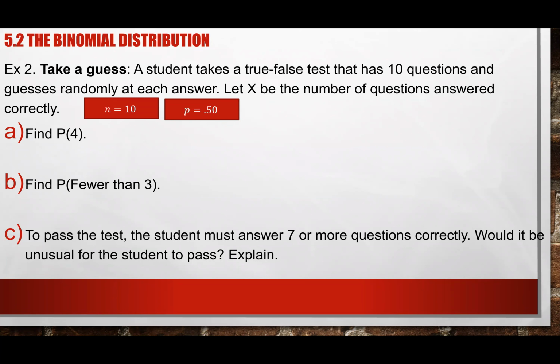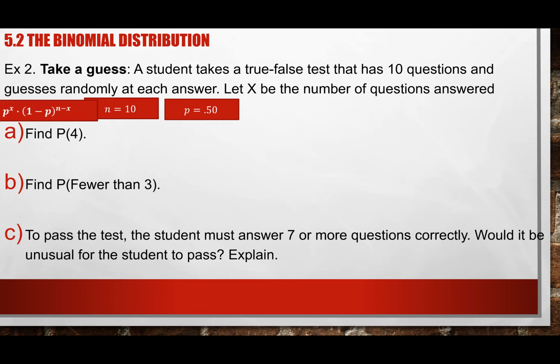If you have 5 choices, which is 1 out of 5, the probability of guessing correctly is 20%, or 0.20. Okay, so the probability here is what's the probability of you having a correct answer. In this case, I have 50-50.